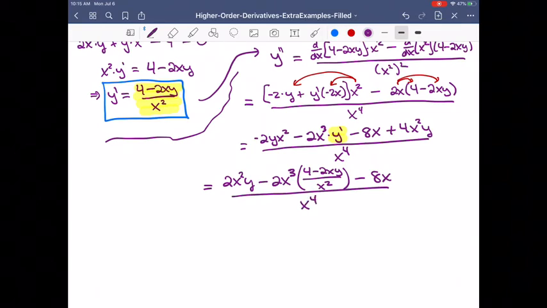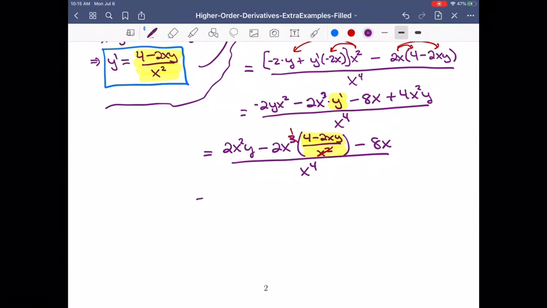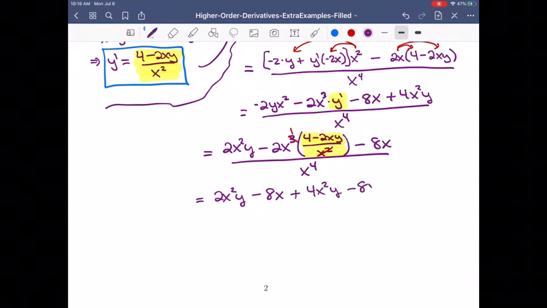Okay, so I just put in y prime here. Now when I simplify, this x squared actually cancels with 2 of these, so I just have 1 left. So I'm going to get 2x squared y minus 8x plus 4x squared y, and then I have the minus 8x all over x to the 4.